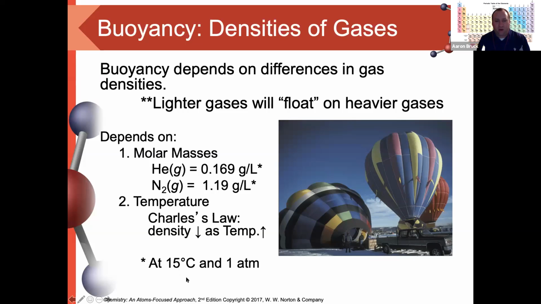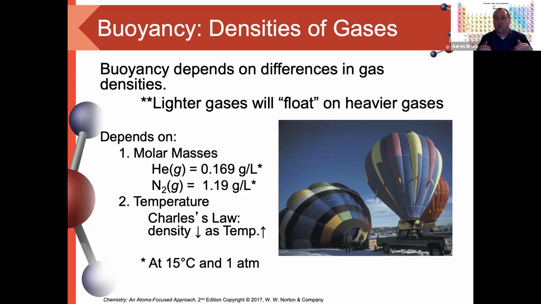One other important application is that we can also base density on temperature. Again, think about Charles's law. If pressure is held relatively constant because we're in an open atmosphere, the temperature and the volume vary directly with each other.